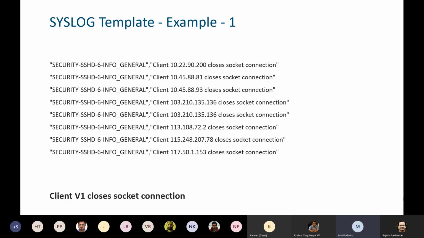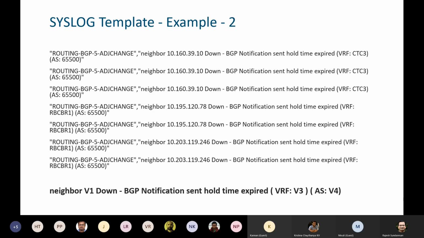Let's go to the next slide, please. This is a more complex mnemonic, BGP adjacency change. That's the mnemonic, and then there is a neighbor, and then there is an IP address. There are a bunch of IP addresses. So I have a V1, which is a variable, and then down is a constant.